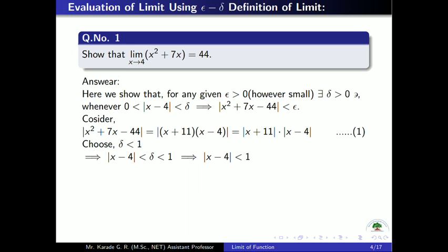Therefore mod of x minus 4 is less than 1, and this implies that by property of modulus, x minus 4 is greater than minus 1 and less than 1. So if we add 4, then we get x is greater than 3 and less than 5.